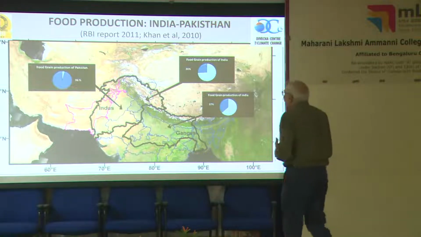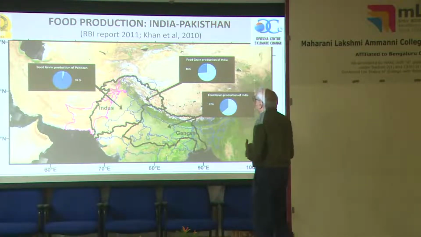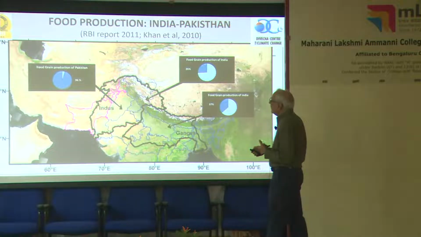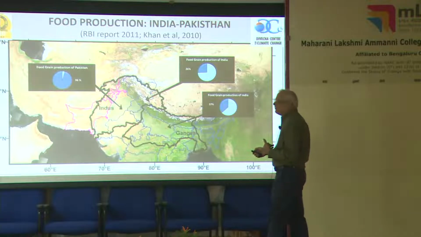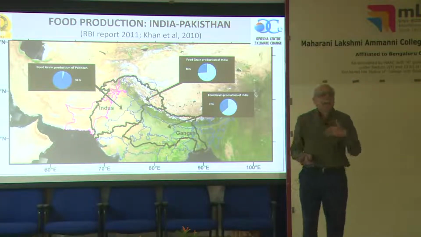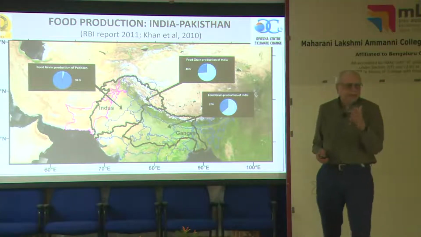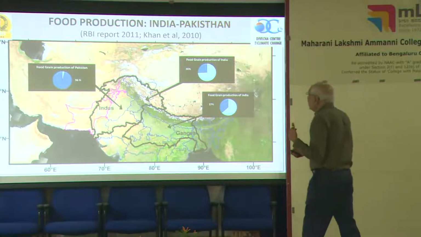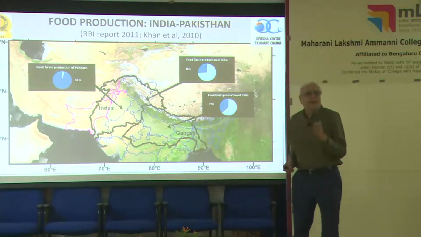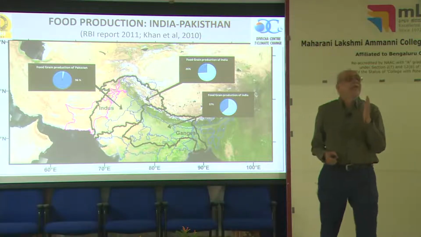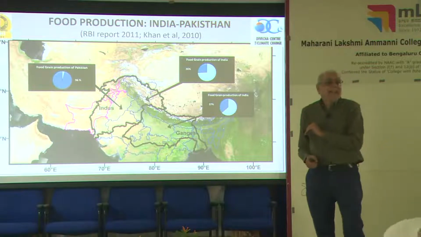capacity. So if you look at Pakistan, you have the Indus River entering into Pakistan, and then they have a canal system here, and water is distributed throughout the Punjab of Pakistan. And you can see that 96% of food production of Pakistan is coming from that canal network only.